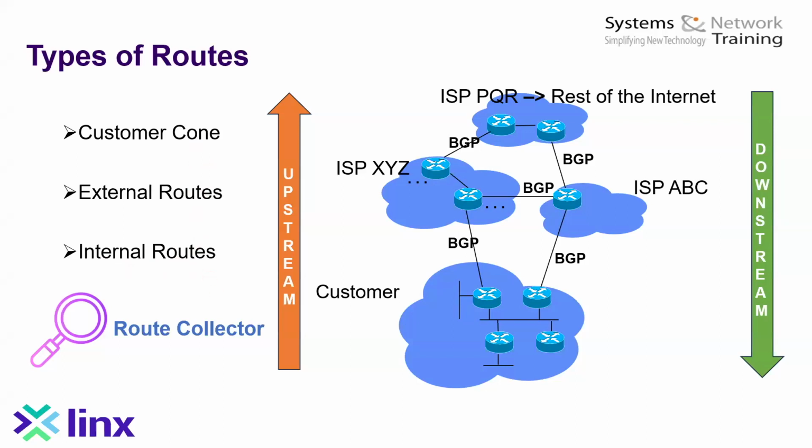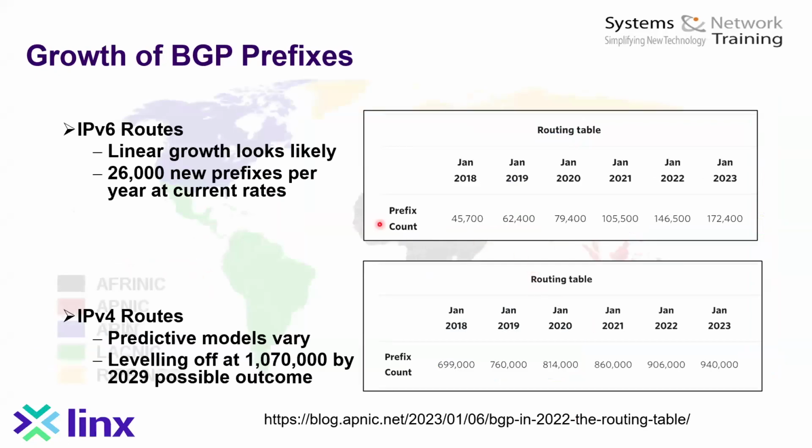If you add all the routes up in total, we can see from the internet the numbers of these prefixes or routes that the routers have.